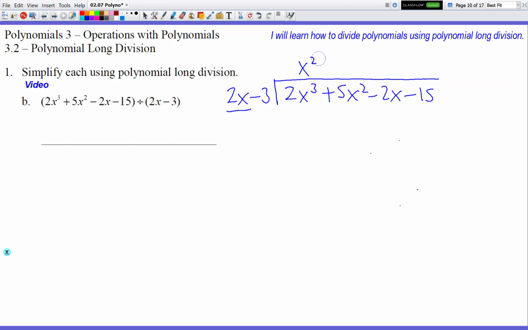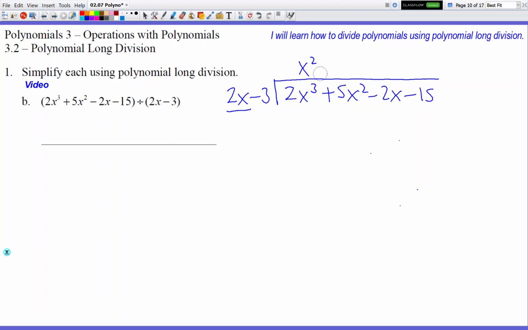Think of it like shopping, where you want to turn yourself into 2x cubed. I already got the 2, so that's good to go. I have a single x, but I need a total of 3, so I have to get 2 more. That's why I put x squared. Once I have bought enough stuff to turn me into 2x cubed, I just do distribution.